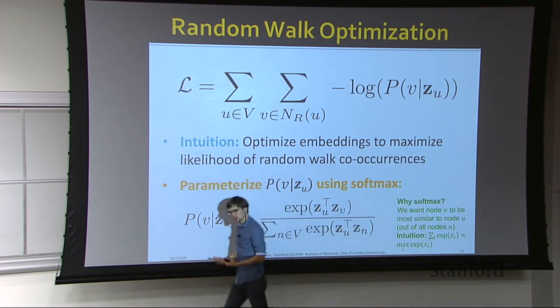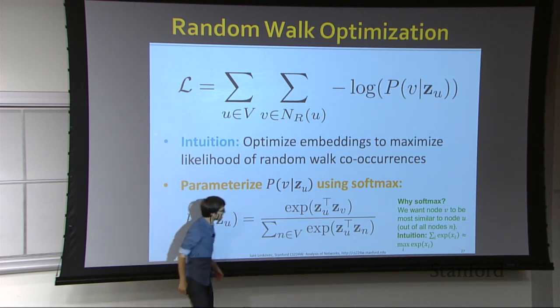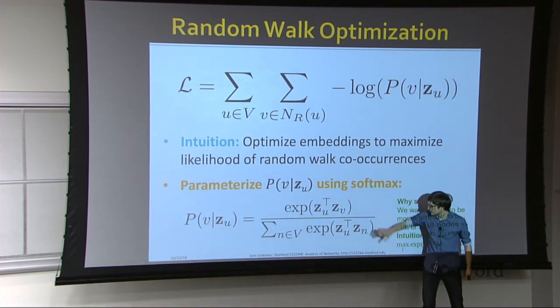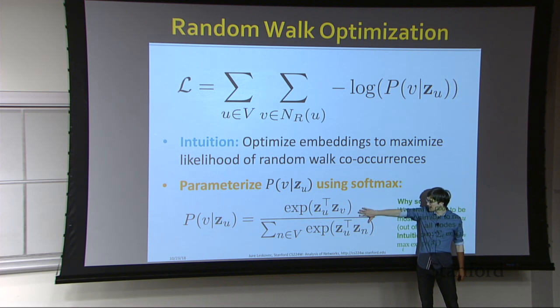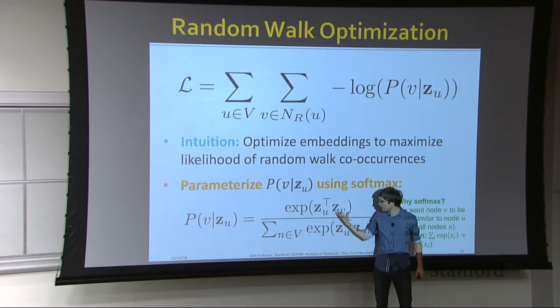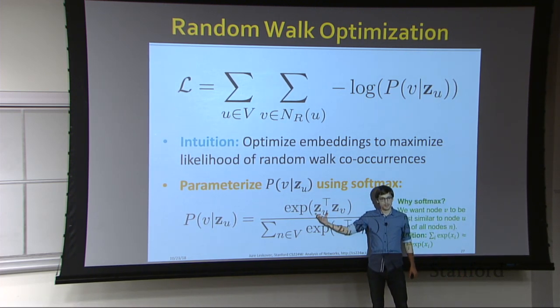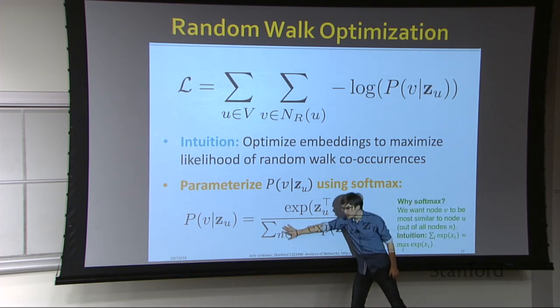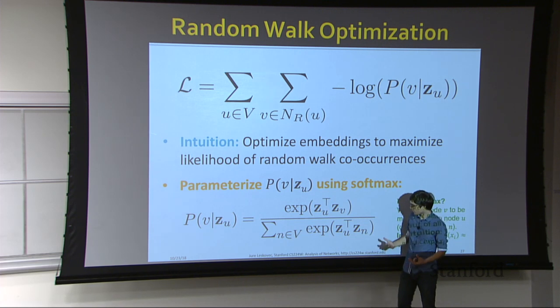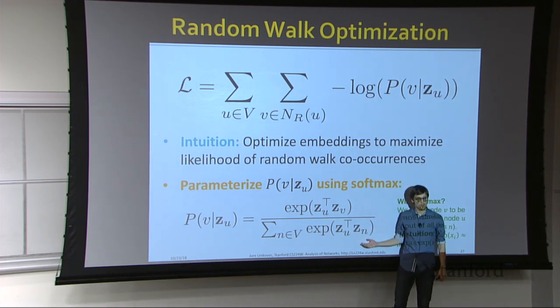The reason this is called softmax is that this will be largest if node V is the most similar to node U. In some sense, the summation down here will be approximately equal to the max over all the nodes.